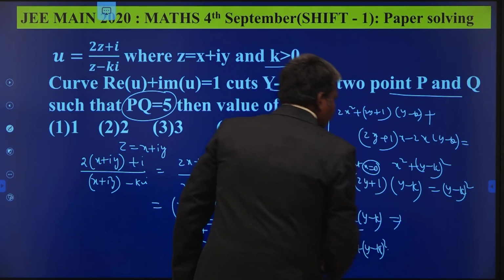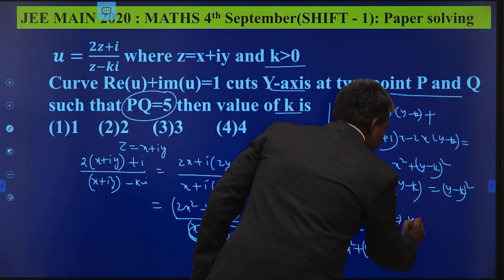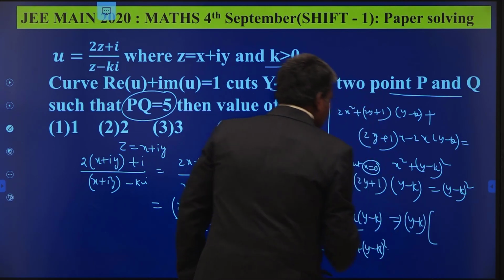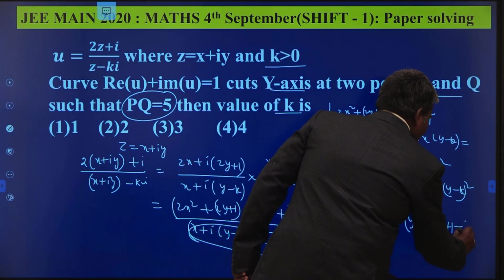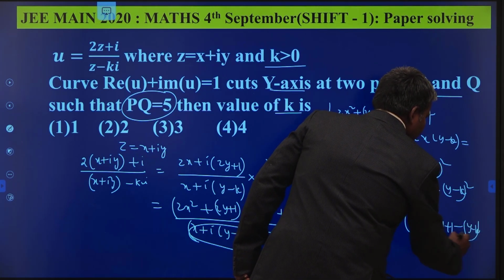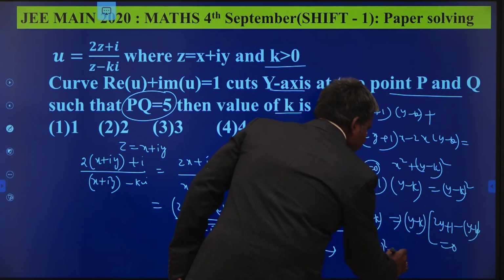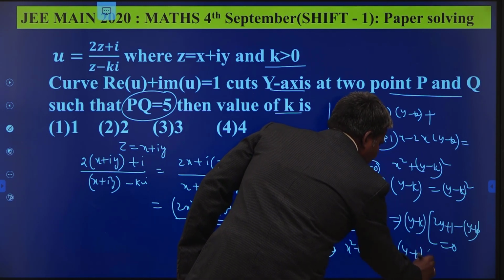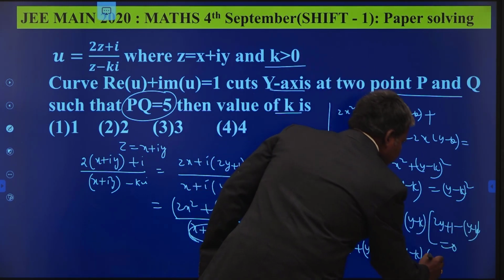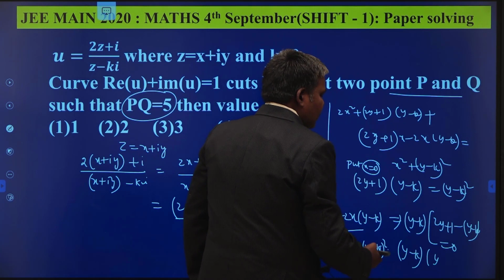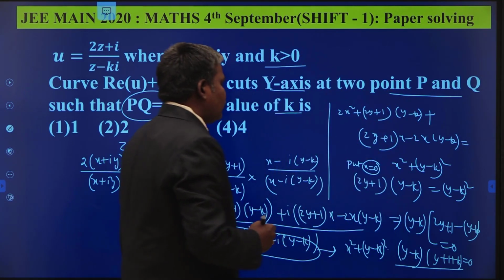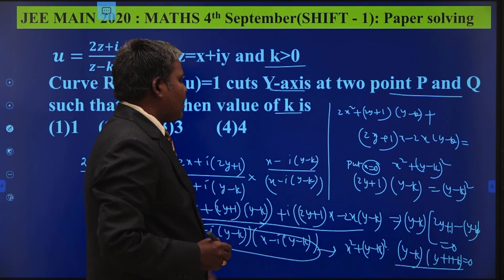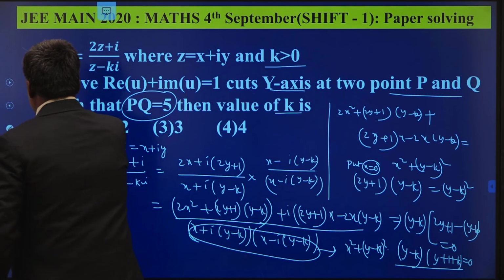So you can take (y - k) common: (y - k) times [(2y + 1) - (y - k)] = 0. So (y - k)(2y - y + 1 + k) = 0. So what are the values of y? y = k, y = -(k + 1).